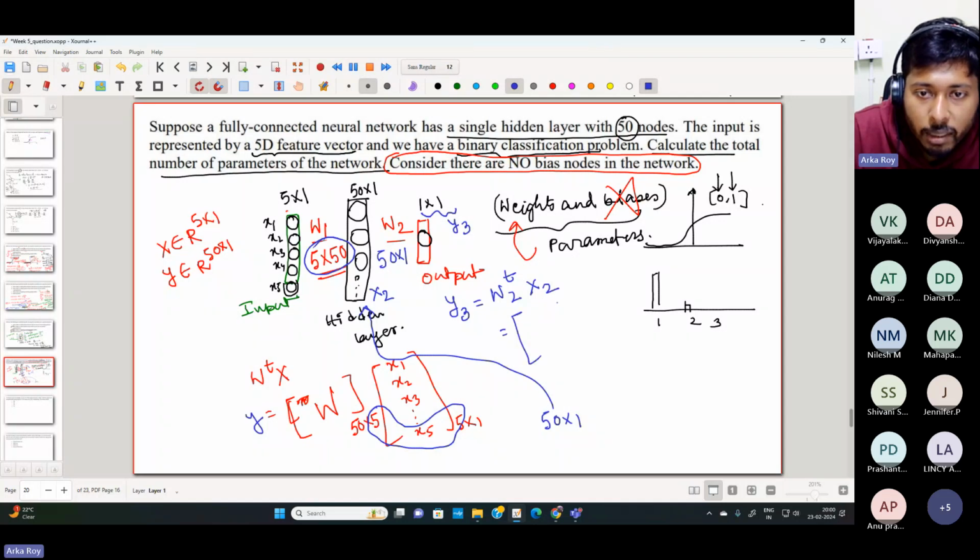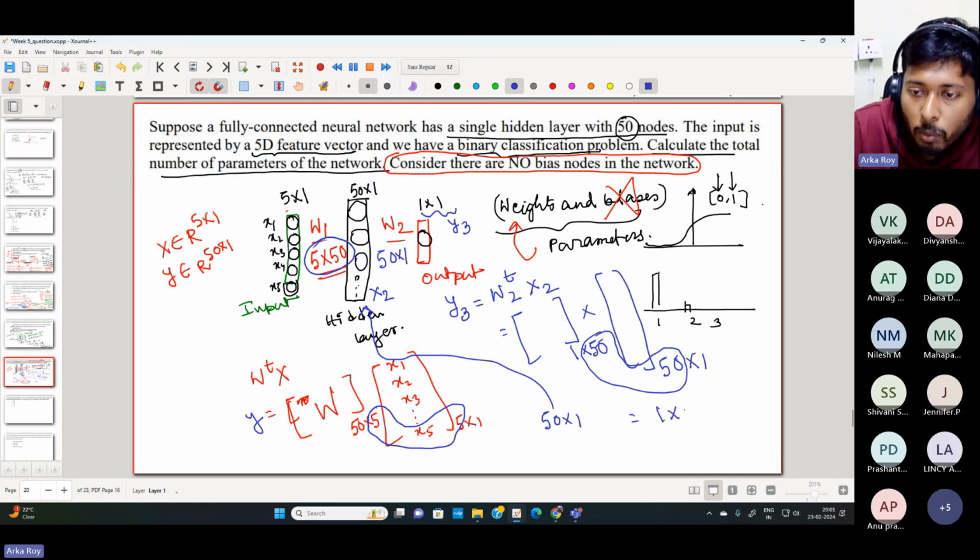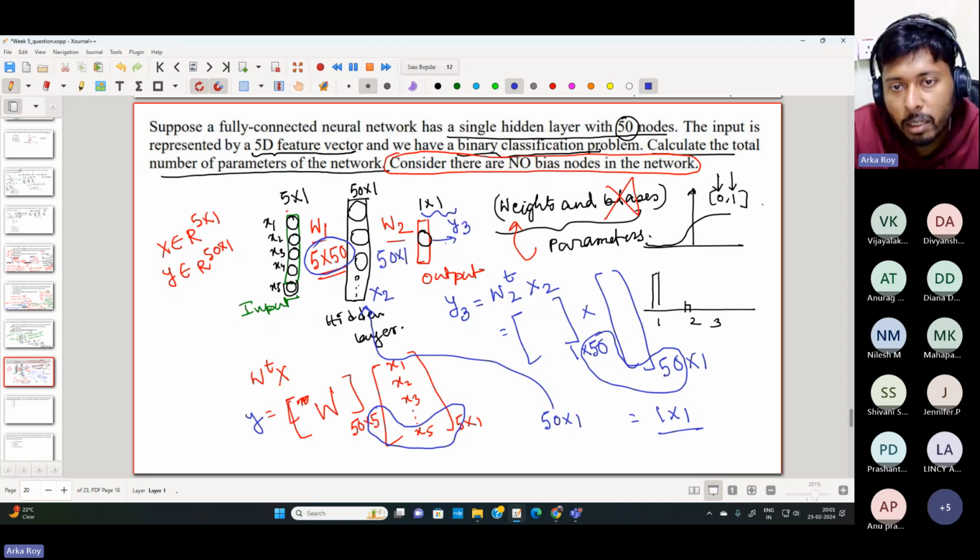W2 is 50 cross 1, so its transpose is 1 cross 50, and x2 has a shape of 50 cross 1, a tall vector. By the law of matrix multiplication, the output will be of shape 1 cross 1. So all the matrix dimensionalities are okay, as the final one has to be of shape 1 cross 1, and that is what we get from this whole matrix multiplication.